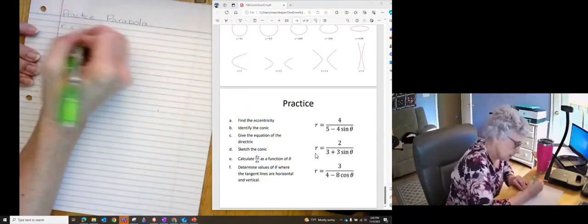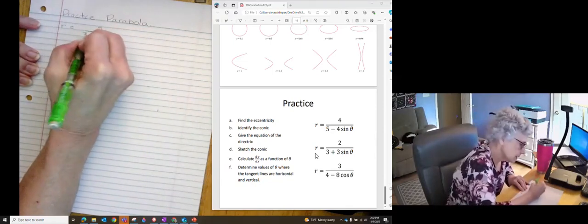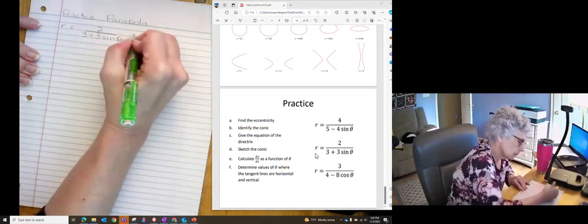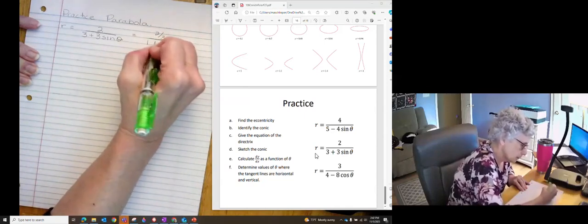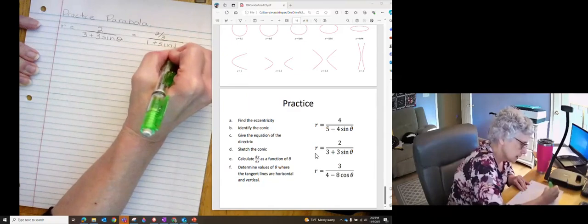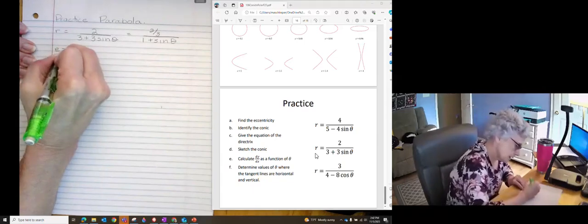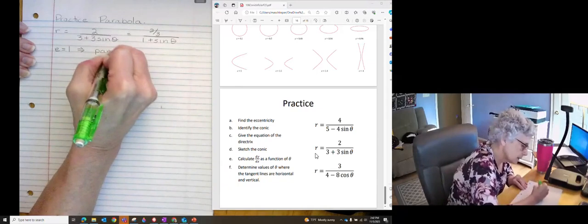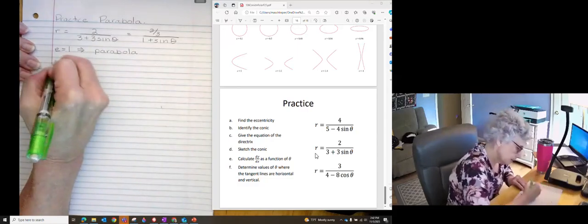Practice parabola. We have that r is equal to 2 over 3 plus 3 sine theta, which is 2/3 over 1 plus sine theta. Eccentricity is 1, which implies a parabola.